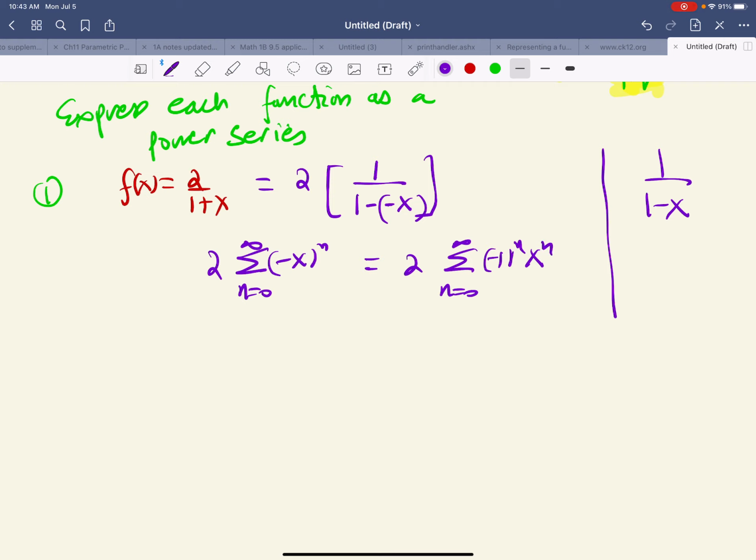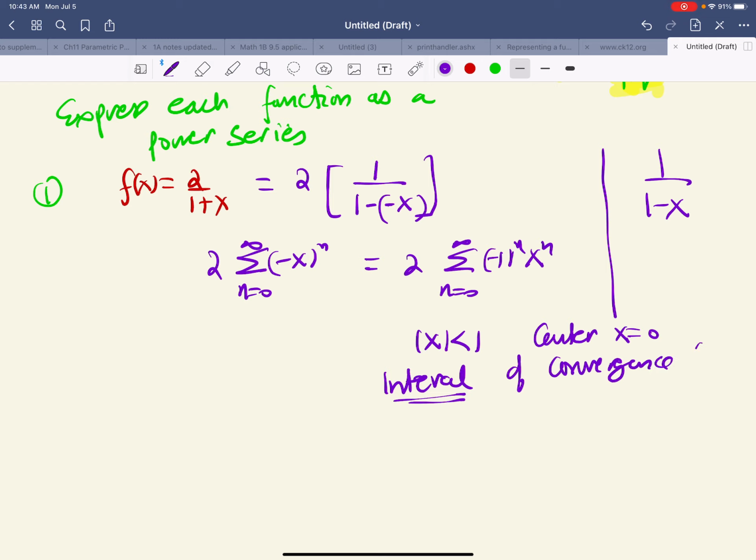And it converges as long as the absolute value of x is less than 1. The center in this case is x equals 0. I made another video on center, radius, and interval of convergence. The interval of convergence in this case would be between negative 1 and positive 1.